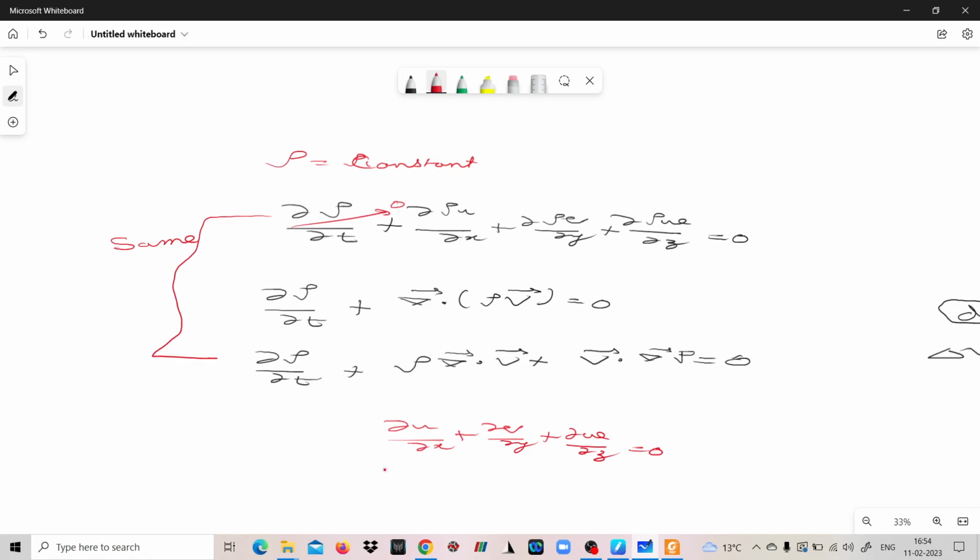This is nothing but, in vector notation, del dot v is equal to 0, that is, the divergence of velocity equal to 0. Divergence of velocity, for the general fluid flow case, has a specific meaning. It is representative of the time rate of change of the volumetric strain. So you can conclude that for an incompressible fluid, the time rate of change of volumetric strain is 0.